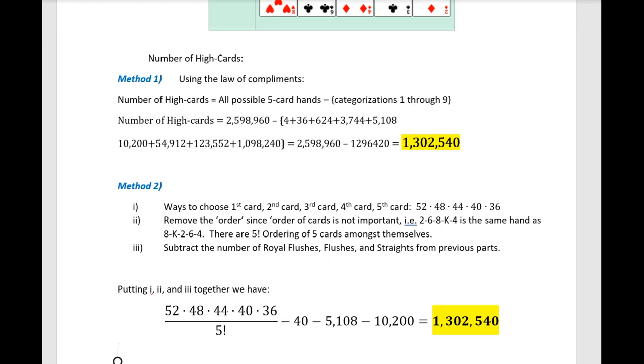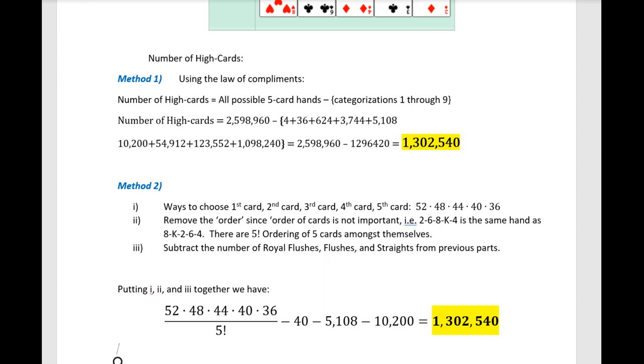And then in step 2 for this method, we need to remove the order from our counts. Because as I have displayed, let's say you are dealt a poker hand that consists of 2, 6, 8, king, and 4. Doesn't matter what suit, but I'm assuming they're all the same exact poker hand that you're dealt. So if you're given the 2, it could be 2 of hearts.